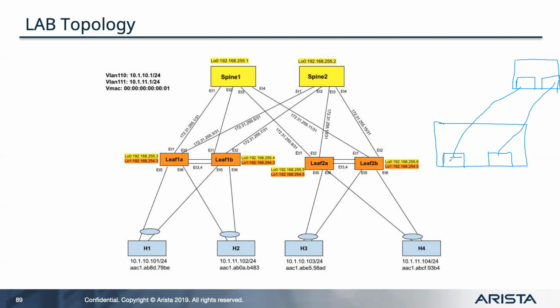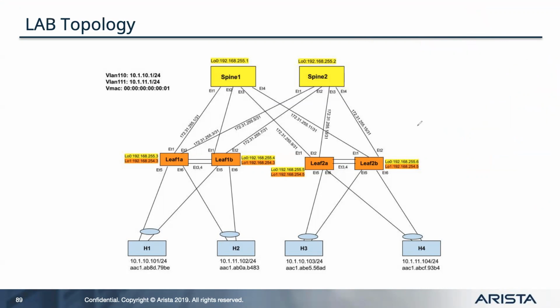Whatever routes are here, you advertise to this one, and then again from here to the other VTEP, to that VRF. Now, if you have 10 VRFs, you need 10 different neighborships, a separate neighborship and separate routing table for each VRF, which is obviously not scalable, correct?